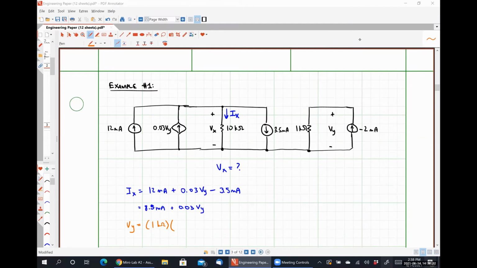Chat says negative. Unfortunately, that is incorrect. Let me explain what I mean by that. I'm going to erase this Vy and move it over. Does it break anything for me to write Vy like that, attached with that 1 kilo ohm resistor on the left and that negative 2 milliamp source on the right? This probably tells you a little better why KVL isn't really doing much for us.